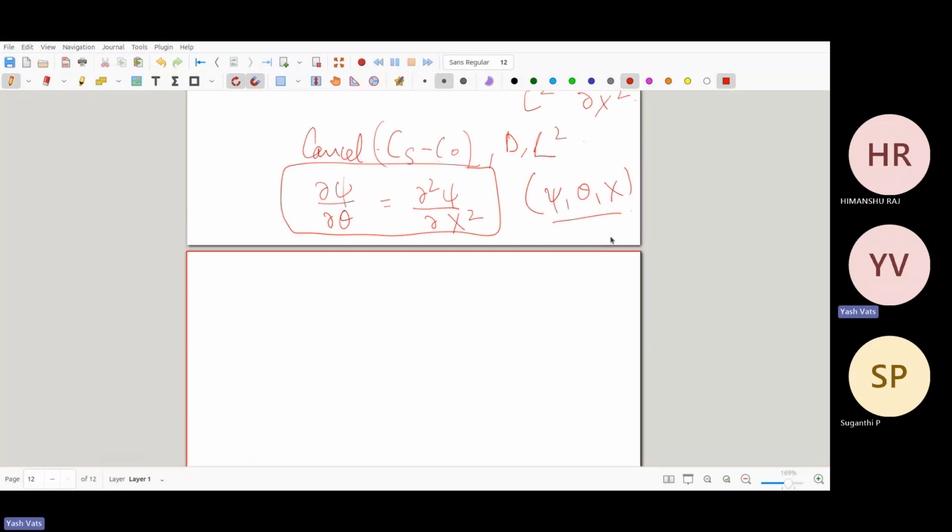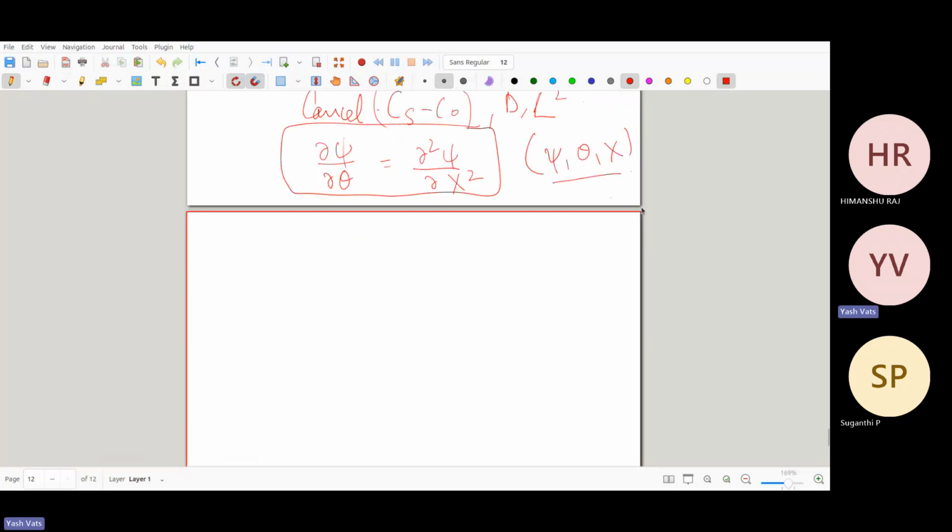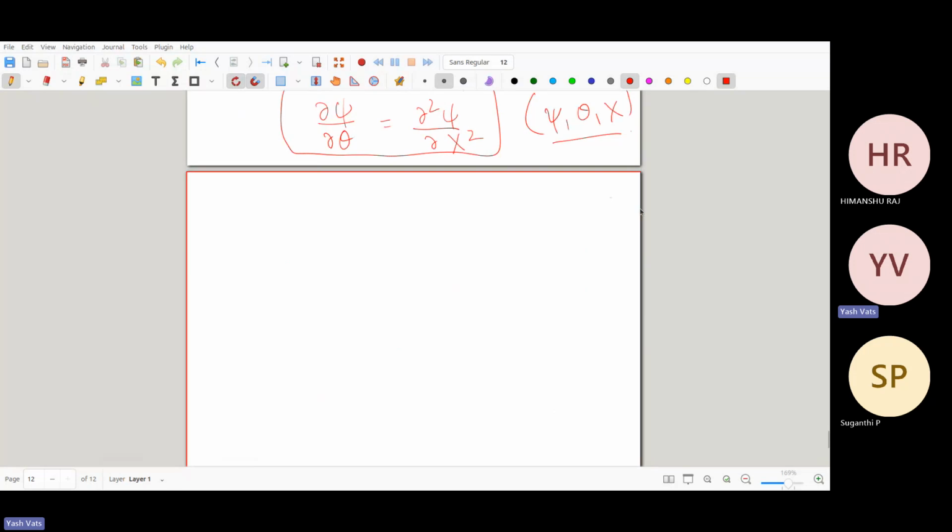I will give you just a simple problem. Make a model equation using this information.